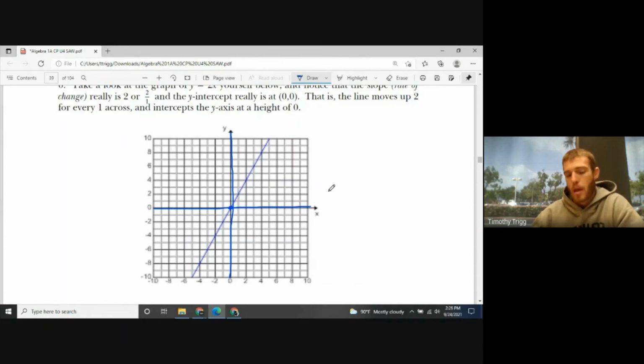Okay. Now, I do want to point out that this one had a slope of 2. So when we're graphing something with a slope of a whole number, you could always think of it as 2 over 1. So here your rise would be 2 and your run would be 1. So from your y-intercept, in this case from 0, 0, we would rise 2 and run 1.